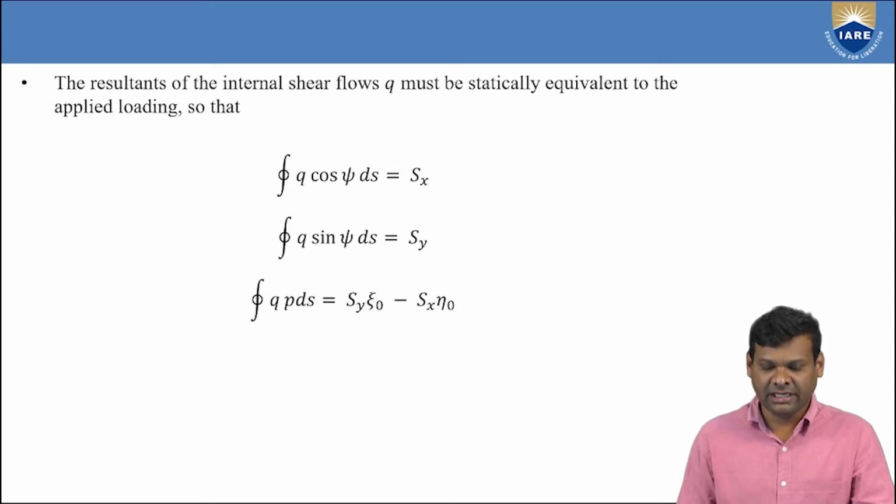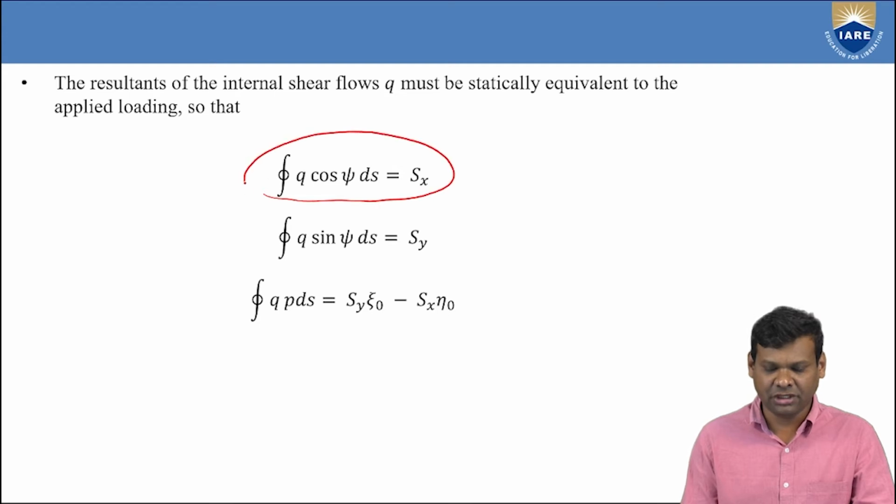Then this is the formula which we are going to apply: integral along the closed path Q cos phi ds is equal to the shear force along the x axis, that is Sx, and similarly integral Q sin phi ds equal to Sy, that is the force along the y direction. And next, coming to the moments, integral Q p ds is equal to Sy zeta naught minus Sx eta naught.